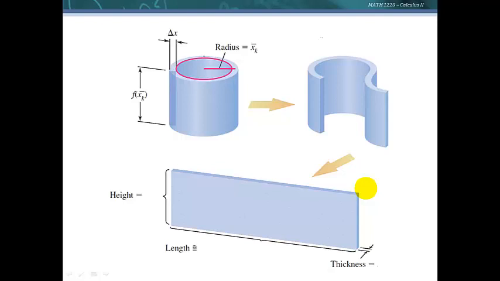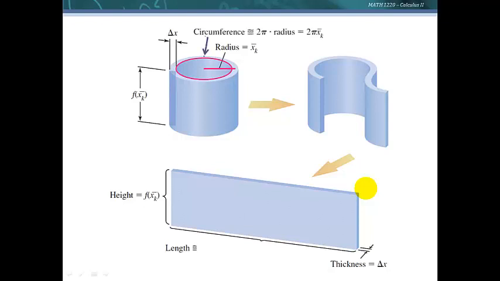The height of this is going to be our function value at our representative x, and the thickness is going to be our little delta x. The length of this, well, this was wrapped around and formed this circle, so the length is going to be the circumference of the circle, which is 2 pi r, and our r in this case is our representative x, x bar sub k.